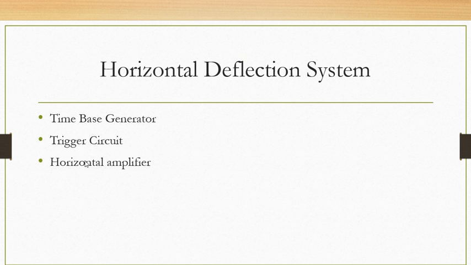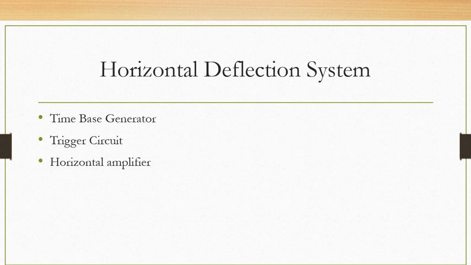Now what do we mean by trigger circuit? I think I have discussed this. It is a circuit which ensures that the horizontal sweep begins at the same point of the vertical input signal. So it is a synchronization done by this trigger circuit. Without the trigger circuit, there will not be any synchronization between the sweep signal and the signal to be observed on the vertical deflection plates.